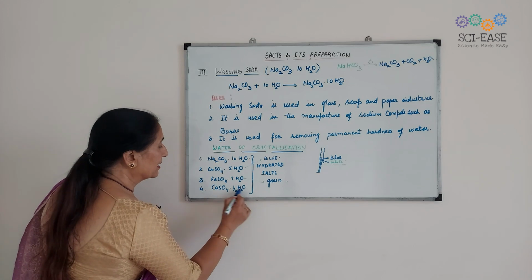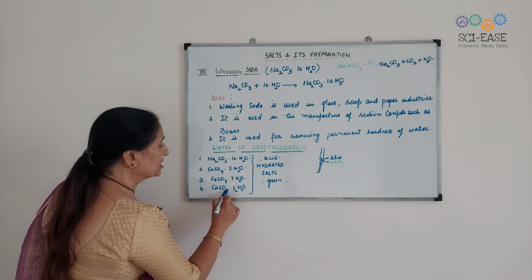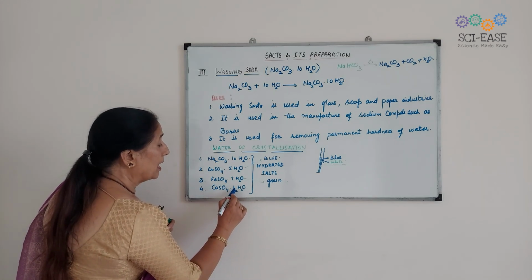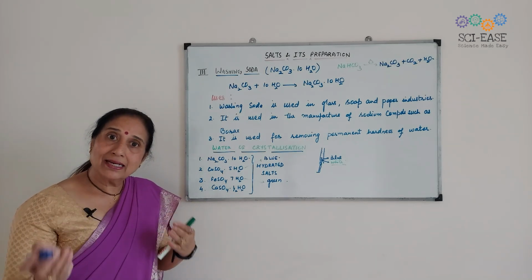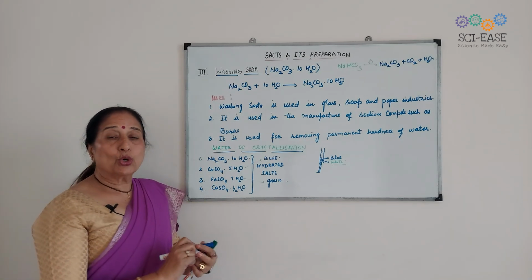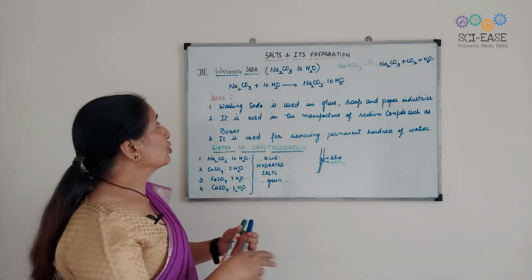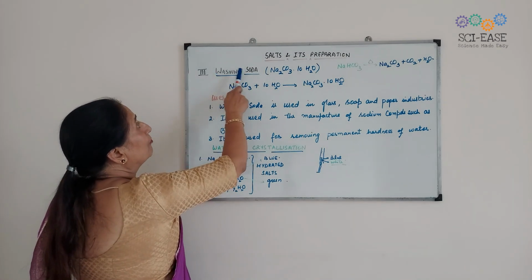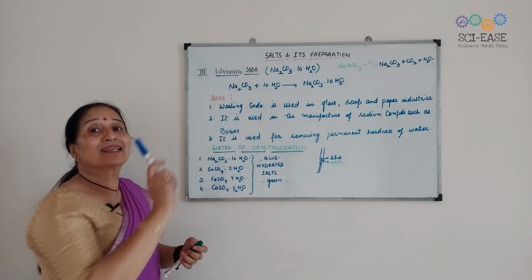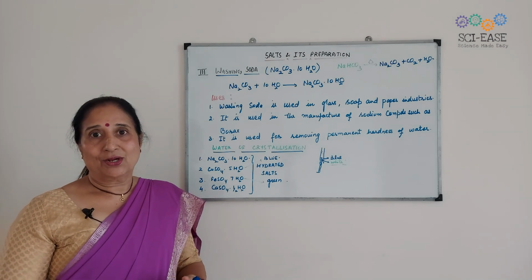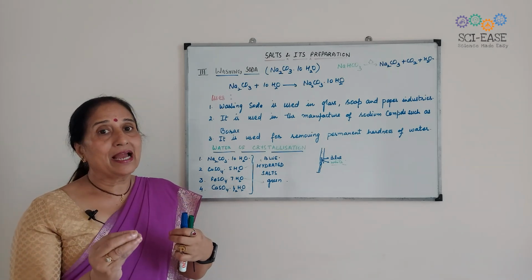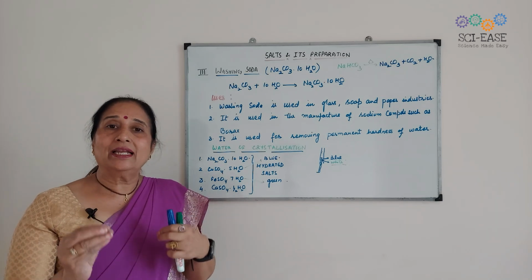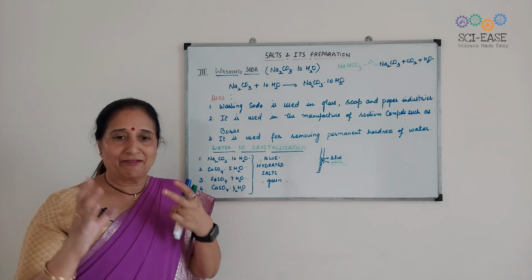Then calcium sulfate half H2O, that is plaster of Paris, is again white. So, the fourth salt, that is washing soda, is again a base, and it has many uses in our day-to-day life.